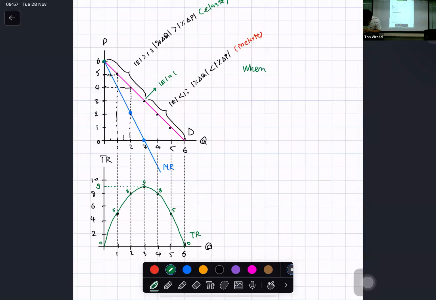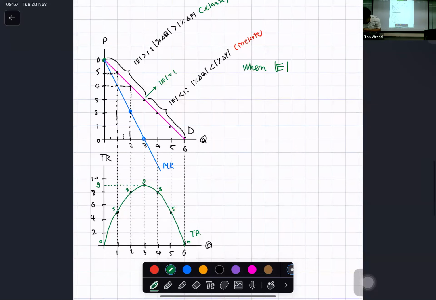I already see that when elasticity is greater than 1 on the upper range, we observe that the blue curve MR is on the positive. Marginal revenue is above the horizontal, that means it's positive. MR is greater than 0.